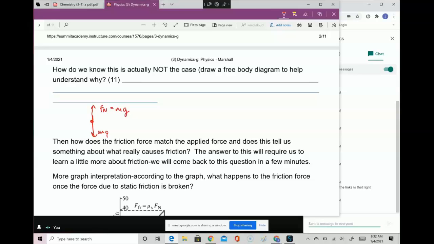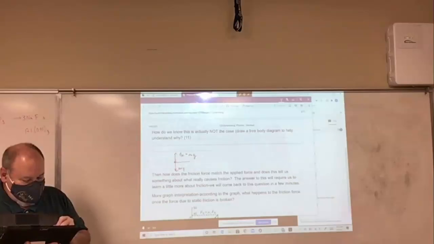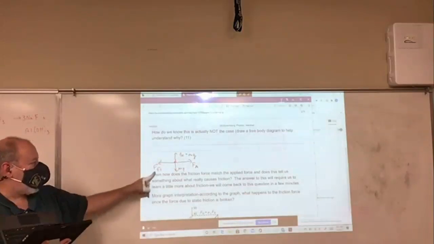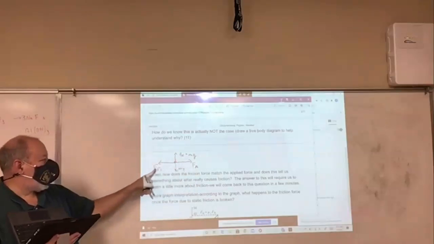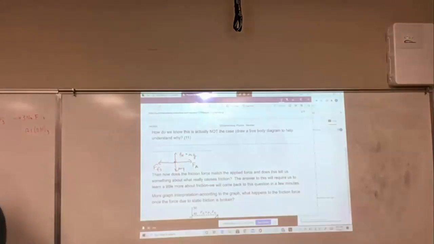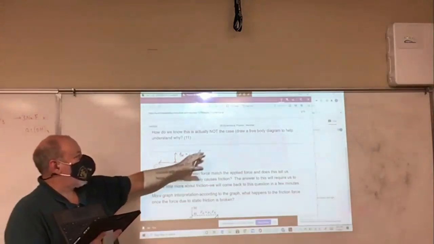Then I've got an applied force, and a force due to friction that's exactly the same, and we're going to call this Fs for static friction. Since that object is not moving, those forces have to be balanced.